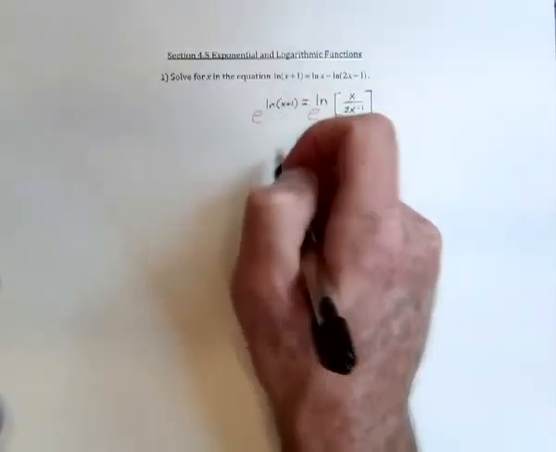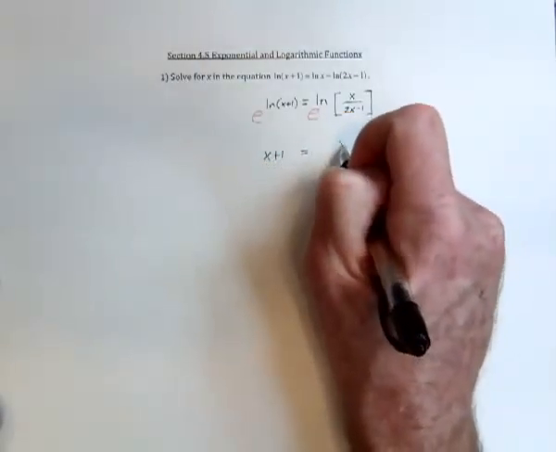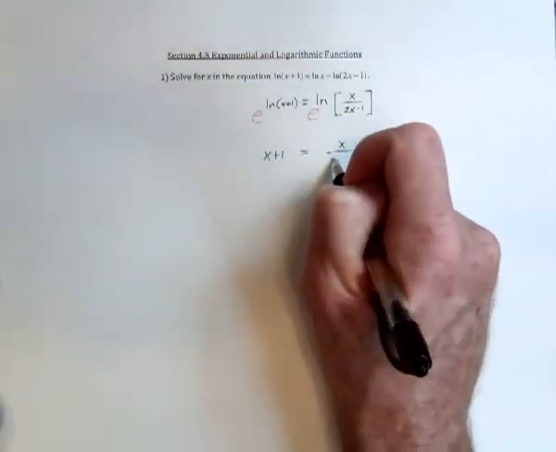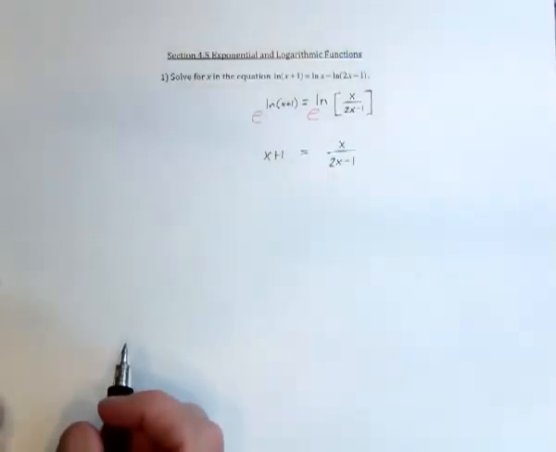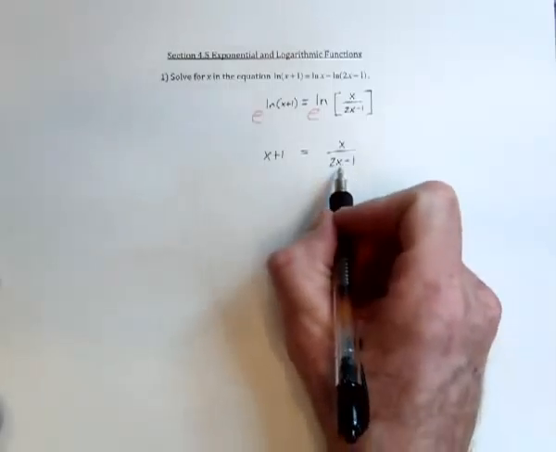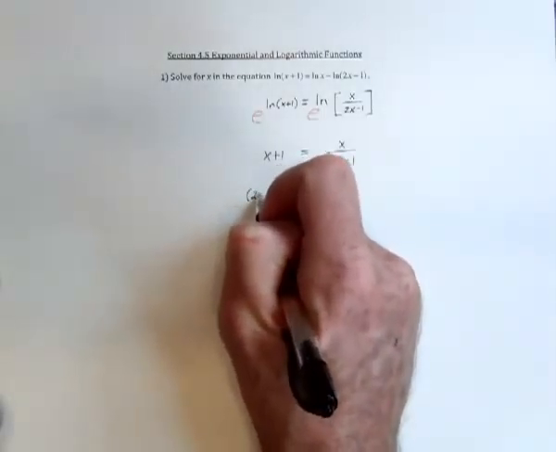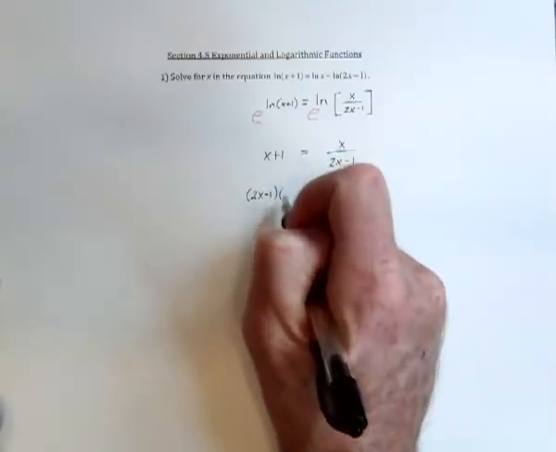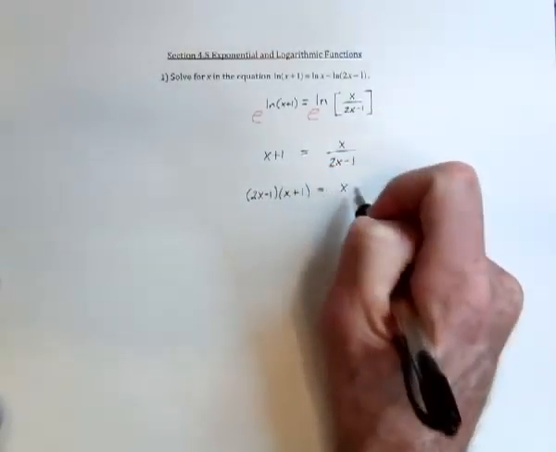Once these cancel, we've got just an x plus 1 on the left-hand side and x over 2x minus 1 for the right-hand side. Now multiply both sides by this 2x minus 1, so we'd have a 2x minus 1 multiplied on the left-hand side equals just an x.